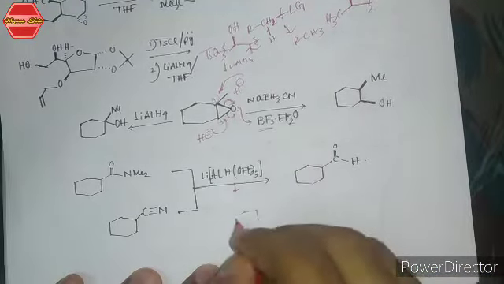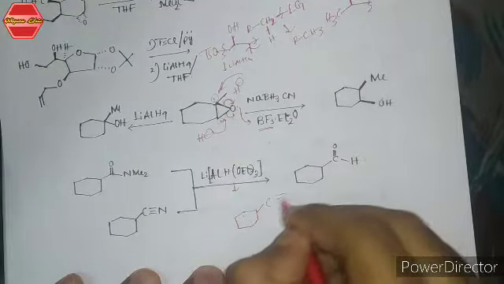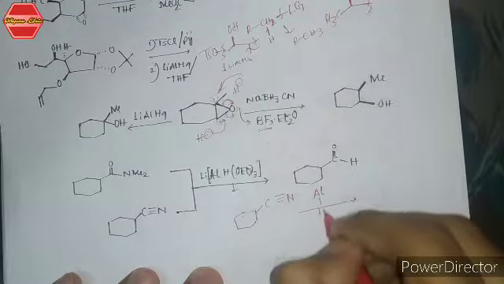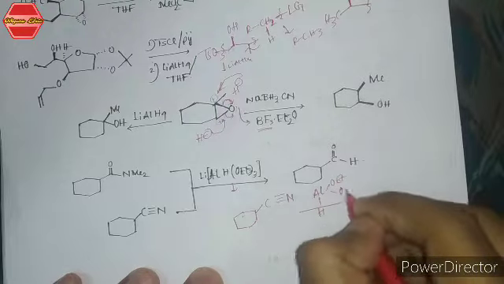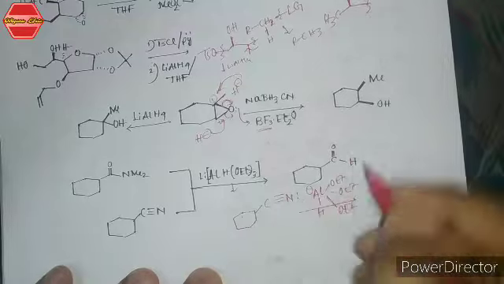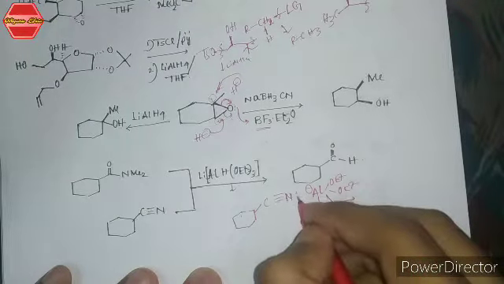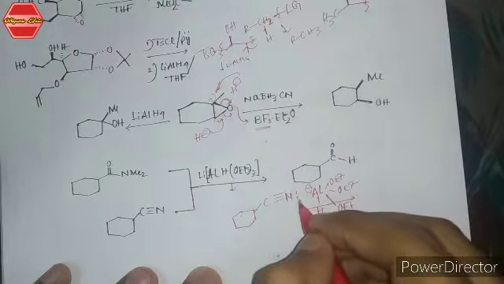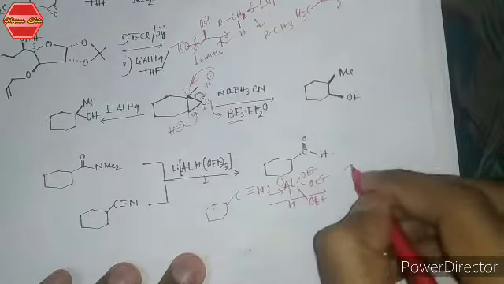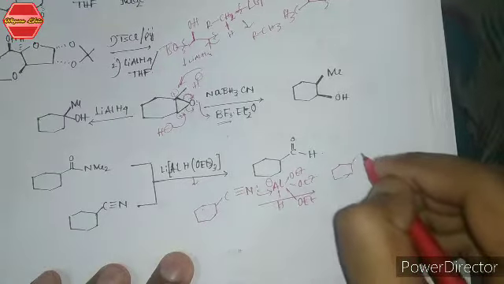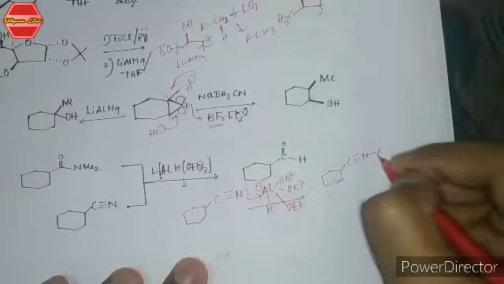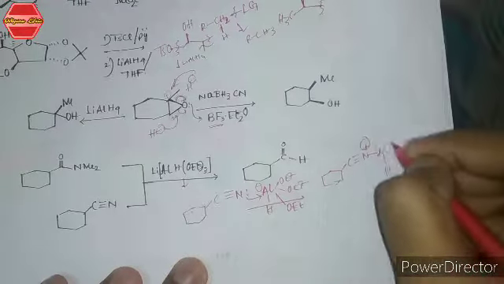Now see, the mechanism is this one, and here is your aluminium, this is your hydride, and this OEt3 is here. Okay, that is your reagent. Now the nitrogen has a lone pair of electrons. This nitrogen lone pair goes over the aluminium center and coordinates with it in this way. Here is your aluminium, this is your hydride, here is your positive charge, and the other parts are there.